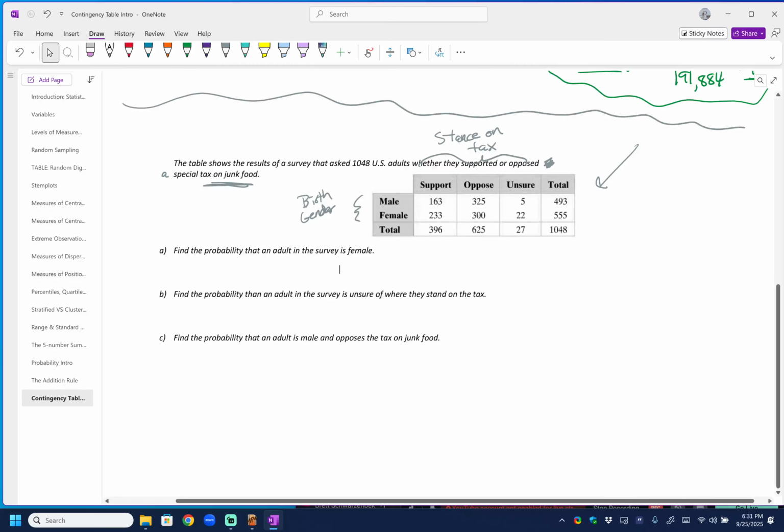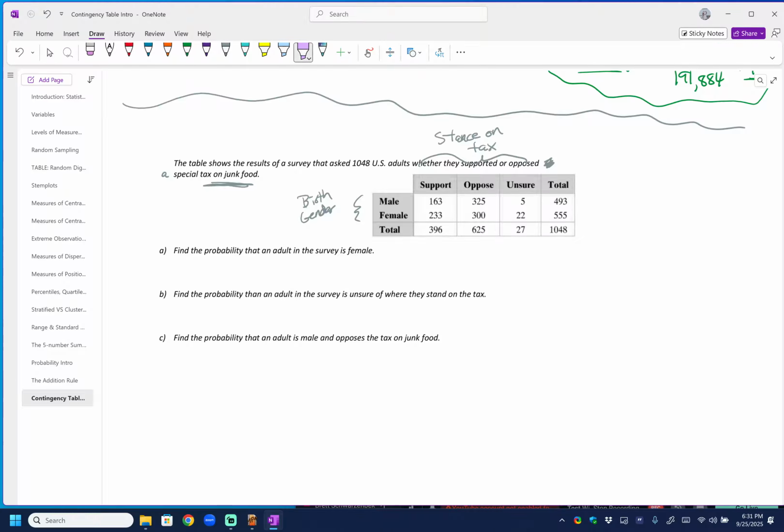First question: find the probability that an adult in the survey is female. It looks like there's no "and" involved. They're only asking about one variable. This implies that we are dealing with a marginal probability. First of all, we know the denominator: we need to locate the table total, which is right here. So our denominator is going to be 1048.